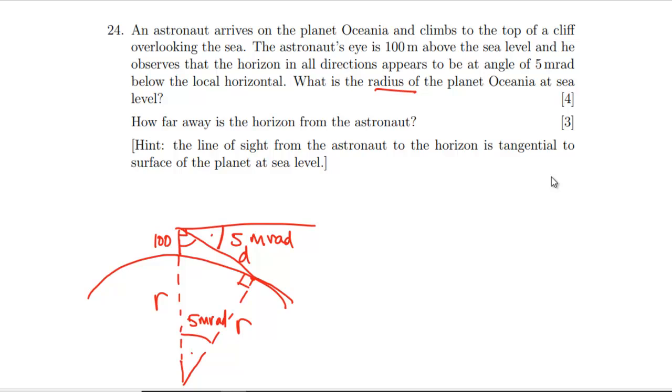Well, we've got R plus 100. I'm just doing trig relating this side and this side of this triangle. So (R plus 100) times cos of 5 times 10 to the minus 3 is equal to R.